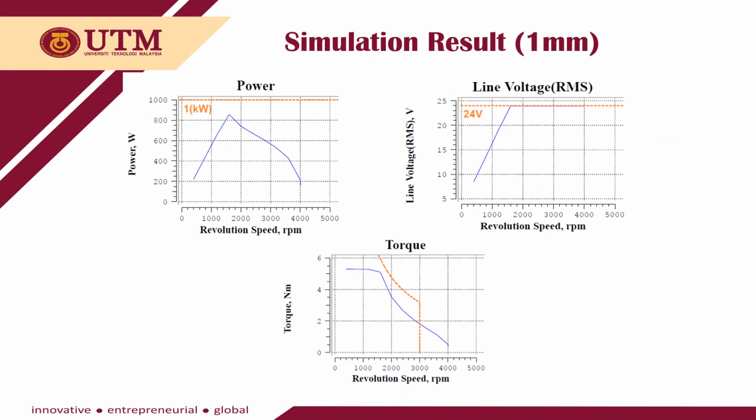Lastly, the simulation result for 1 mm coil thickness. The peak power it can produce is 850 watt, and at 1600 rpm it can produce 24 volt. Here, the torque is 5.5 Nm and decreases slowly with the increasing speed.